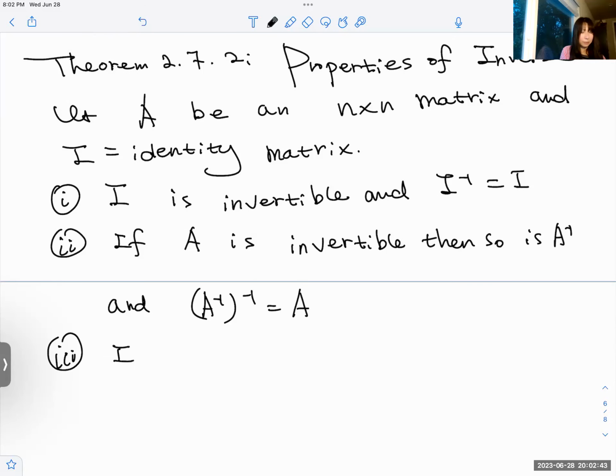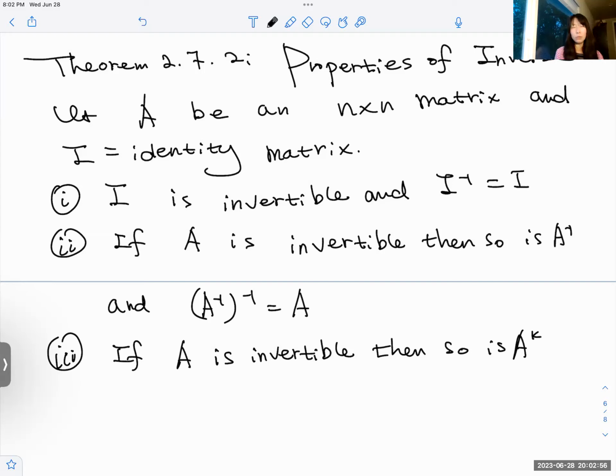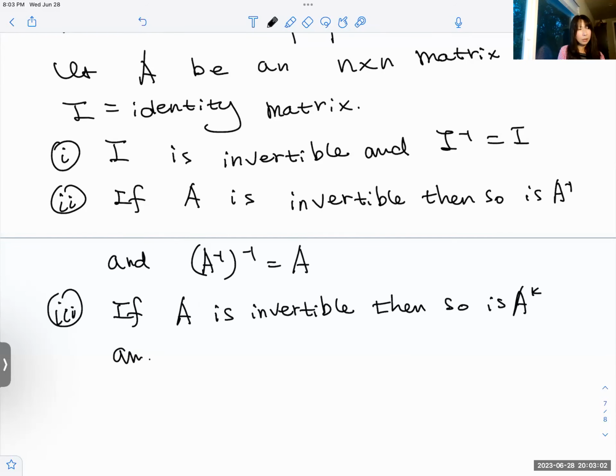Third one, if A is invertible, then so is A to the k-th power, A to the second power, A to the third power, like that, right? And the inverse of A to the k, we can say it this way, all right?